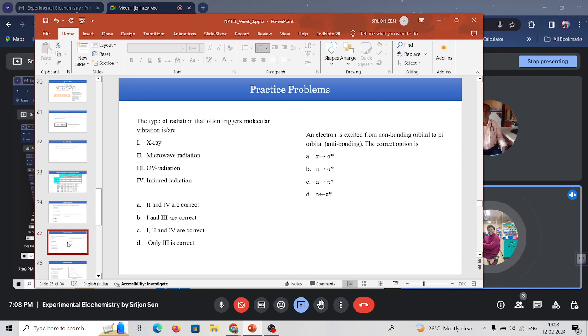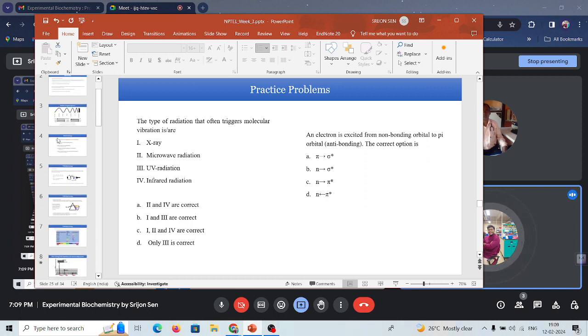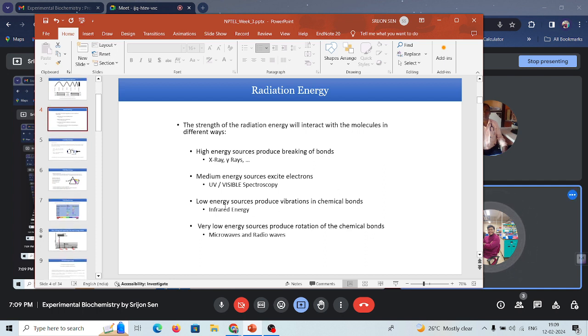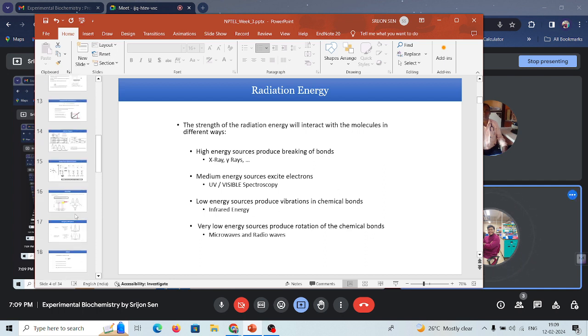If you remember, when I was speaking about the different rays and the uses of different radiation energies: for breaking of bonds, we have X-rays and gamma rays. For exciting electrons, we have UV-visible spectroscopy. For vibration of chemical bonds, we have infrared energy, and for rotation of chemical bonds, we have microwaves and radio waves. So for vibration of chemical bonds, we have infrared energy.